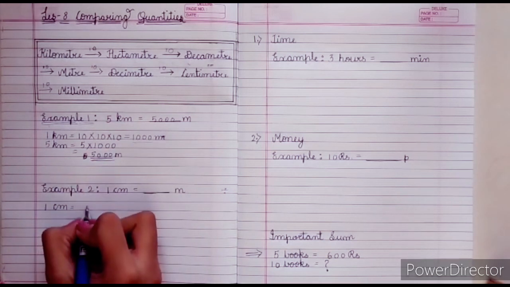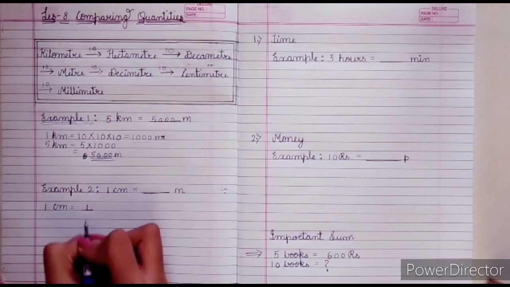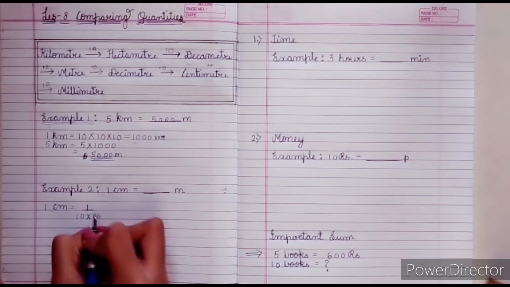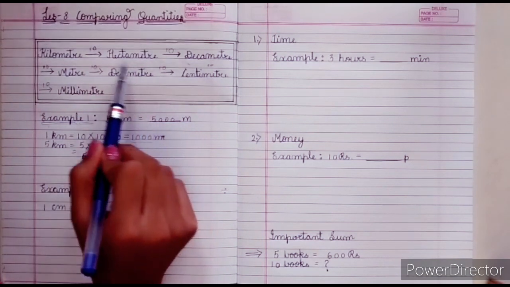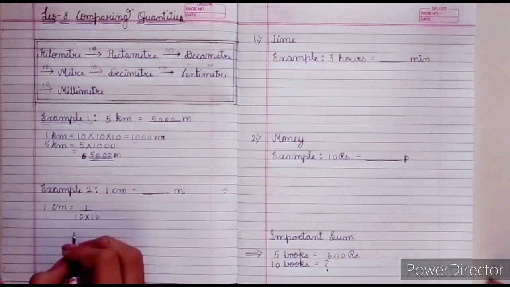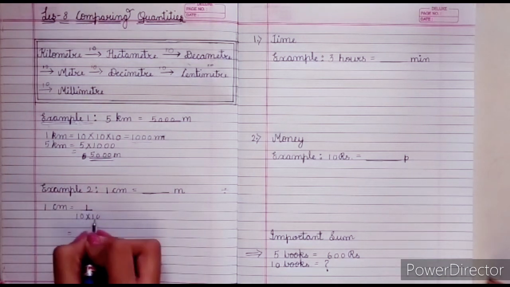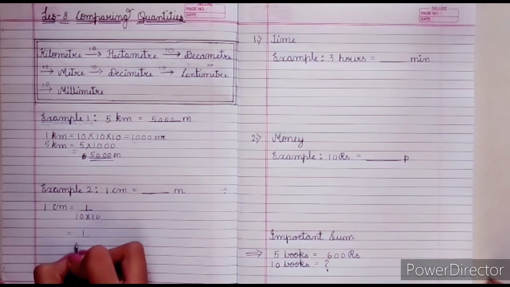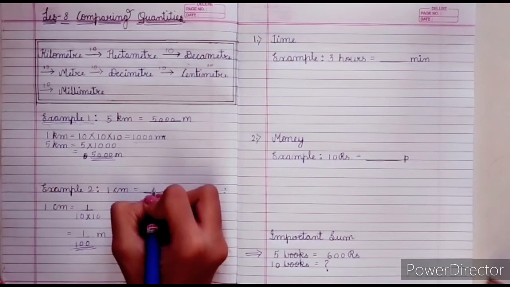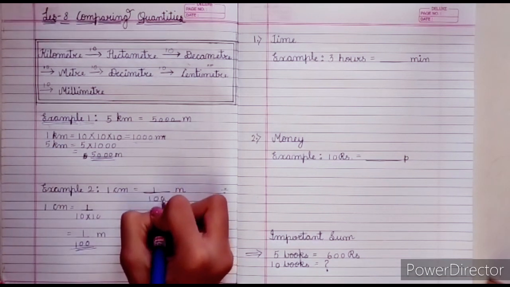So we have to divide 2 times. So 1 upon 10 multiplied by 10. 2 times we wrote 10 because it came 2 times. So 1 upon 10 into 10 is equal to 1 upon 100 meter. So 1 centimeter is equal to 1 upon 100 meter.